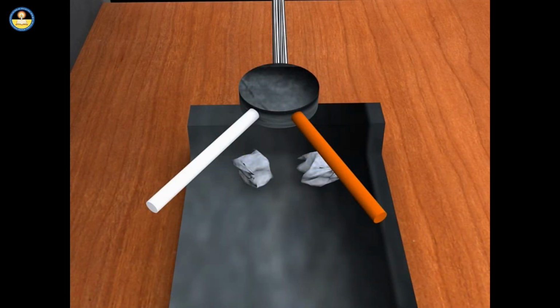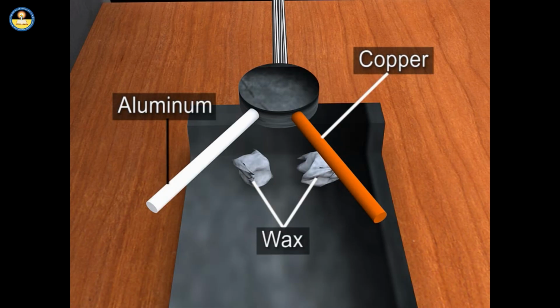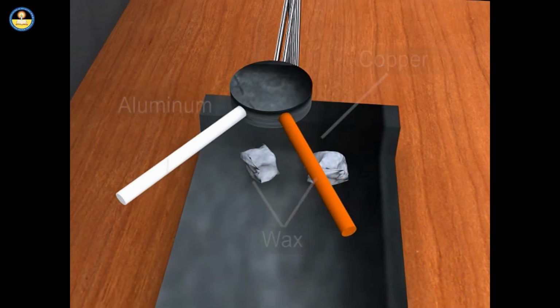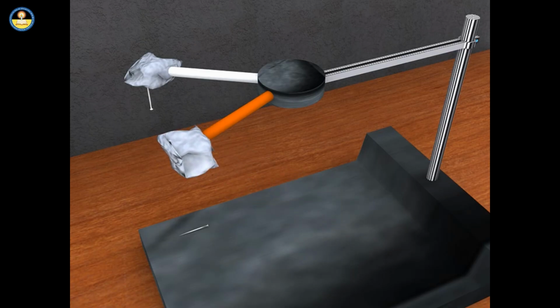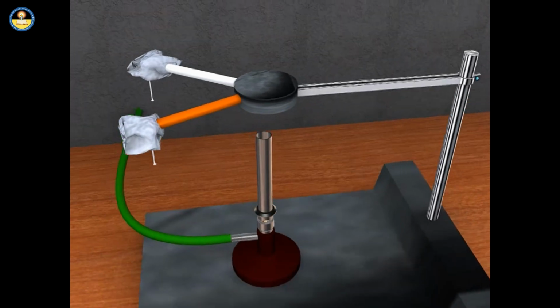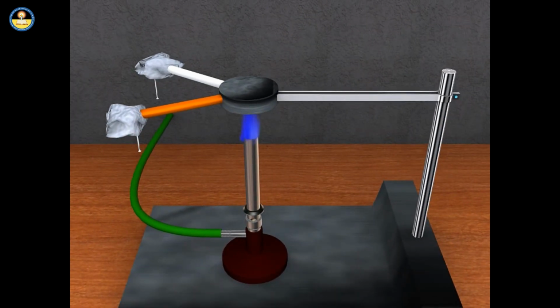For this, we take a copper or aluminium wire and clamp it on a stand as shown on the screen. We then fix a pin to the free end of the wire using wax. Next, we heat the wire with a burner near the place where it is clamped.